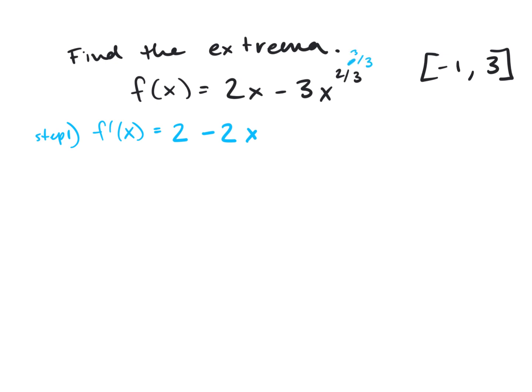So this would be x to the power of negative 1 over 3. Or if you want to, you can write it as 2 minus 2 over x to the 1/3 power. Or you can change your exponent to be a radical if you wanted to instead.